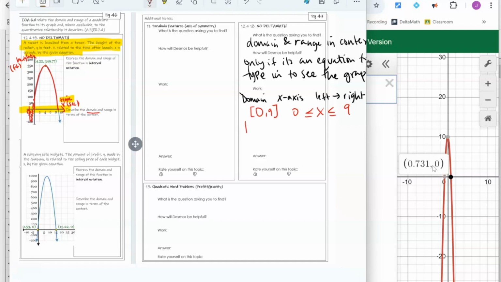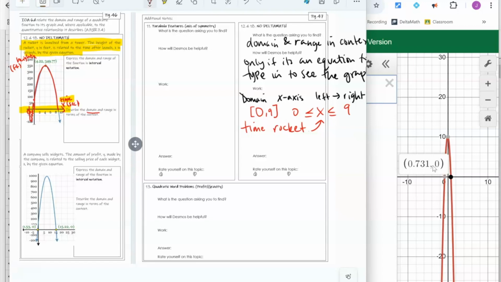So with domain, I need the x-axis, which is time, and then you're telling me what's happening in the real world, which is a rocket. So something with time and the rocket between 0 and 9. You can say domain in this context represents the time it took for the rocket to be launched and then for it to come back down to the ground. Something like that will work perfectly.